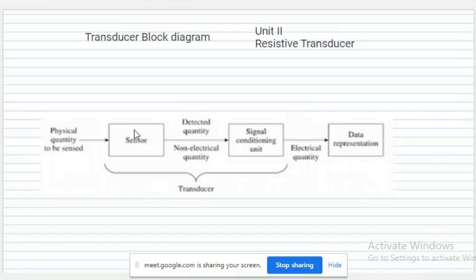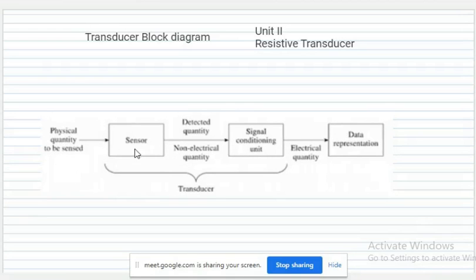Based upon the quantity which we want to extract, we prepare the sensor by adding x quantity of one metal, y quantity of another metal, or it may be a class of semiconductor. We do a lot of engineering in the preparation of the sensor itself. The sensor is designed to sense the required parameter from the environment.